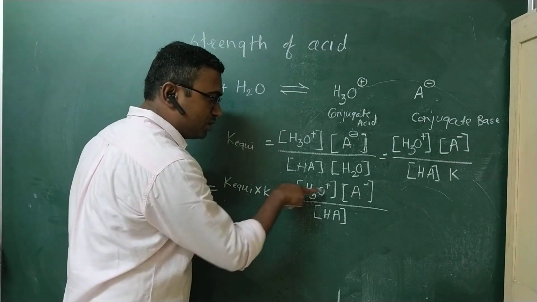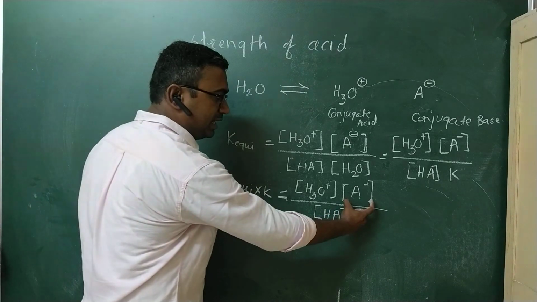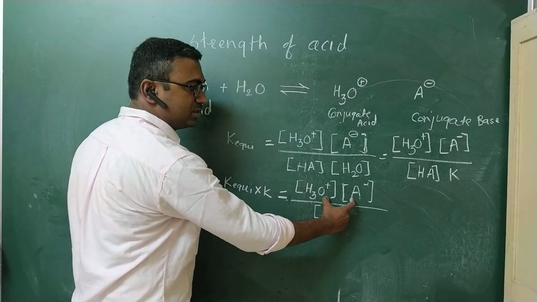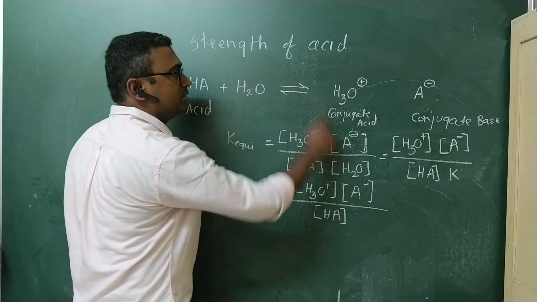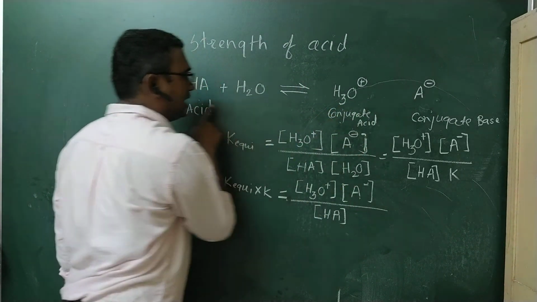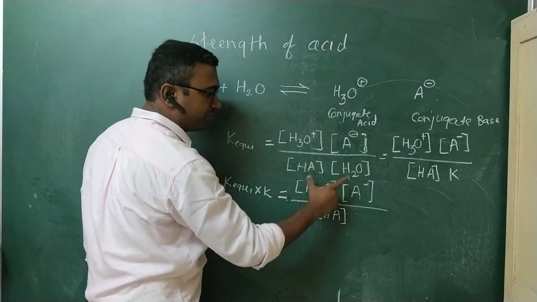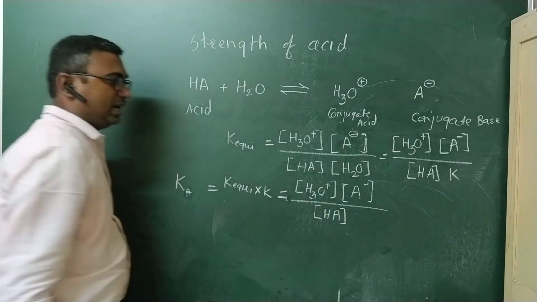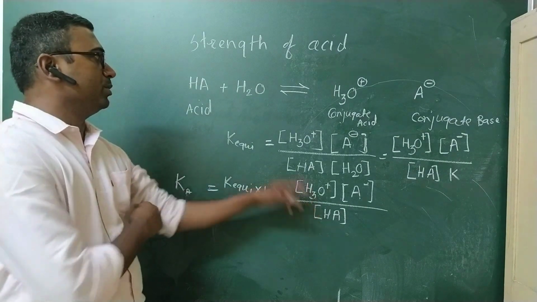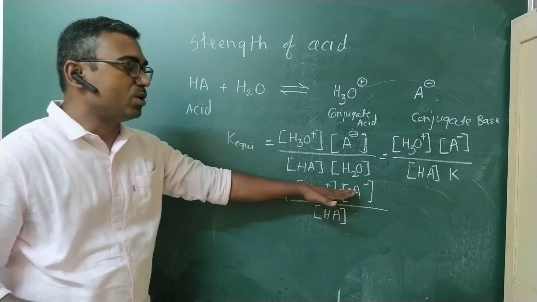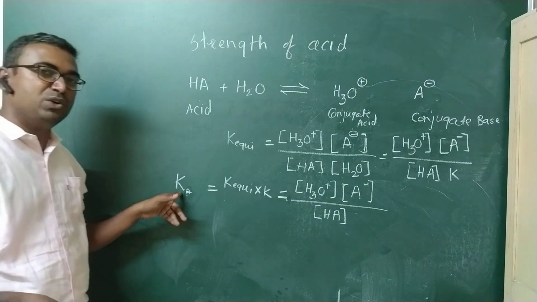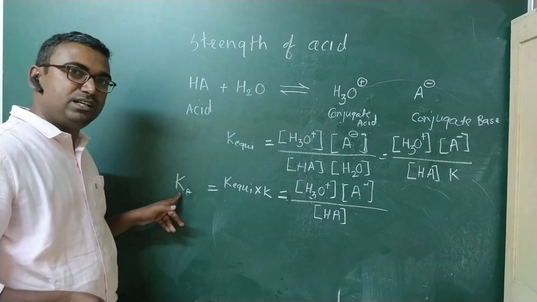These brackets indicate the concentration. This one is the concentration of products, and this one is the concentration of the starting compound, the acid. If the concentration of product is higher, then the Ka value will be higher. Are you getting it?